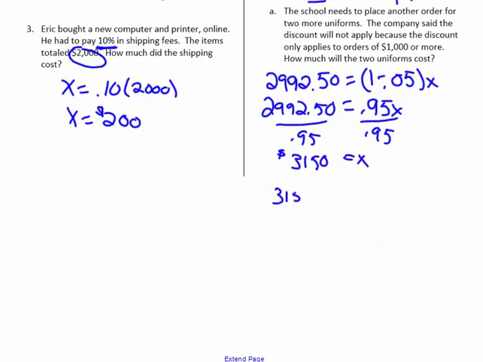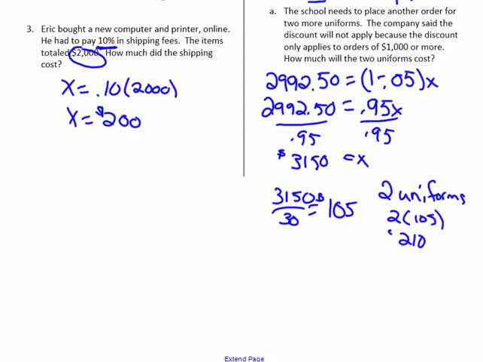So 3150 divided by 30 means each uniform was $105. So if I need 2 uniforms, I need 2 times $105, $210. Okay, let's try the next one.